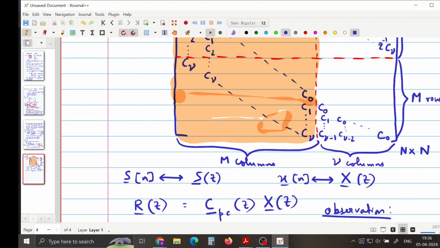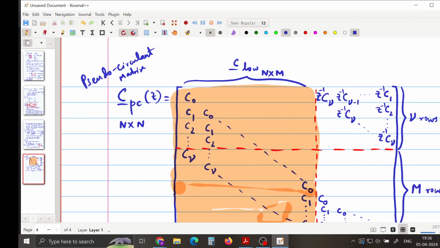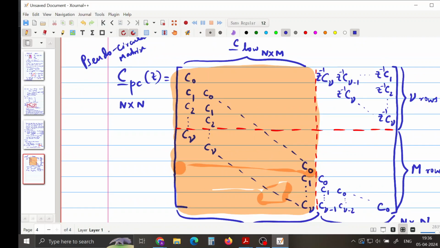There are n rows and m columns. What I'm essentially doing is getting rid of the memory part here, all these Z inverse terms. So I'm getting rid of those terms.